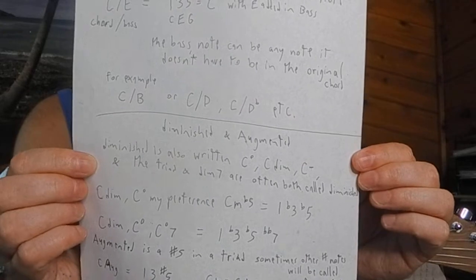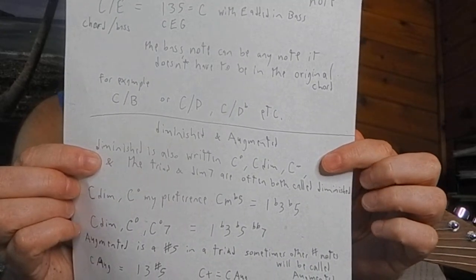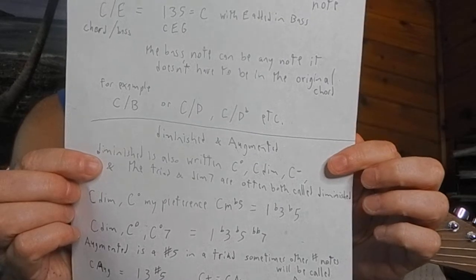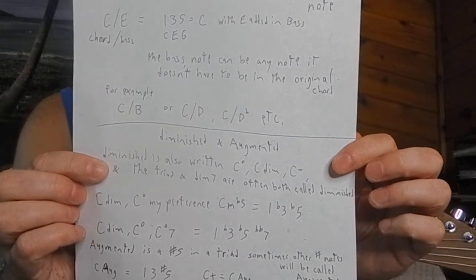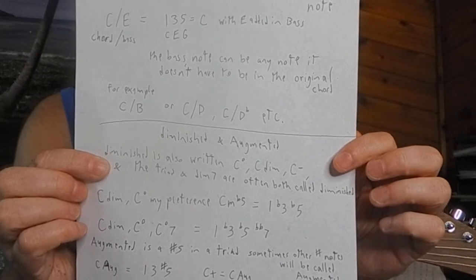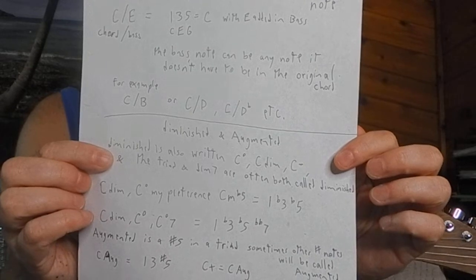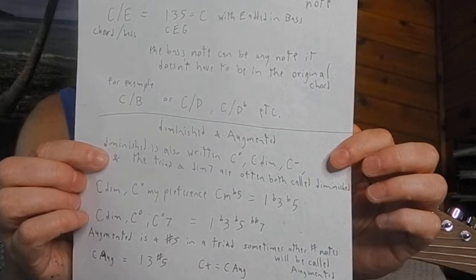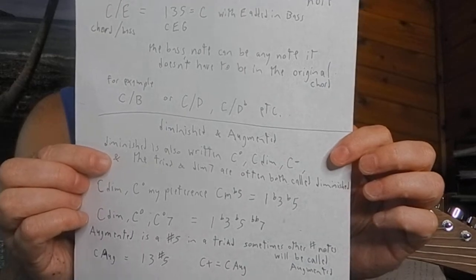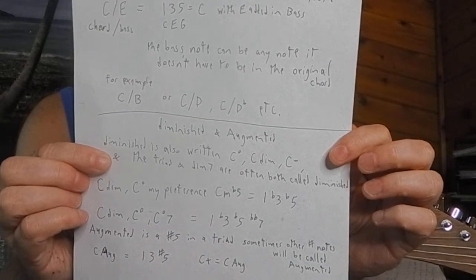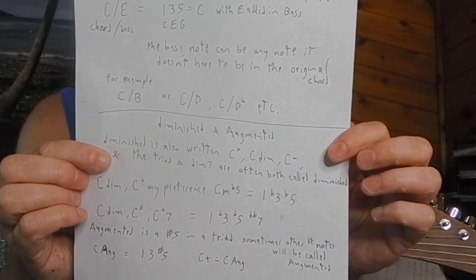So diminished can be written a few different ways, with a little circle, diminished, a minus sign. The most confusing part about chords isn't actually the formulas, it's the way they're written, because a lot of times you'll see the same chord written with 3-4 different symbols. And diminished is extra confusing because the diminished triad can be written as those symbols, but the diminished 7 oftentimes is too.